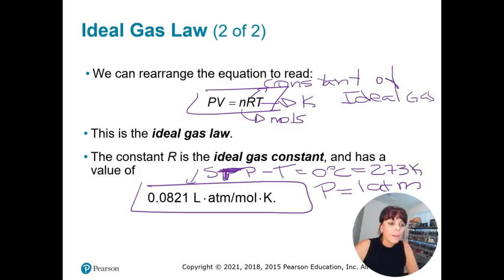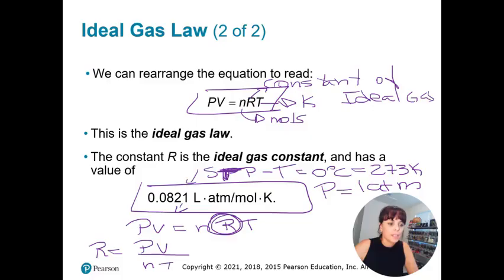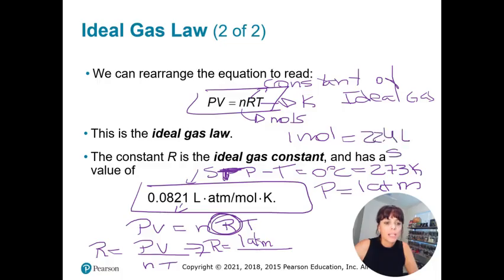To calculate this, I'm going to use PV equals nRT, and R is what I want. If I divide both sides by n and T, I have R equals PV divided by nT. If I put in the values that I have, the pressure is 1 atm. Remember that 1 mole of any gas occupies 22.4 liters at STP.